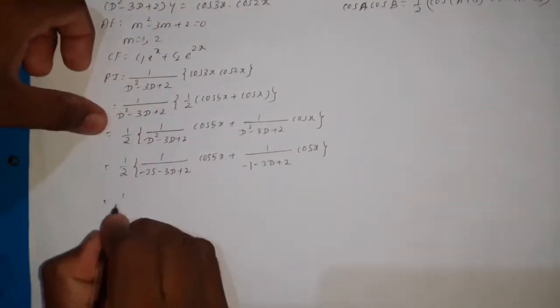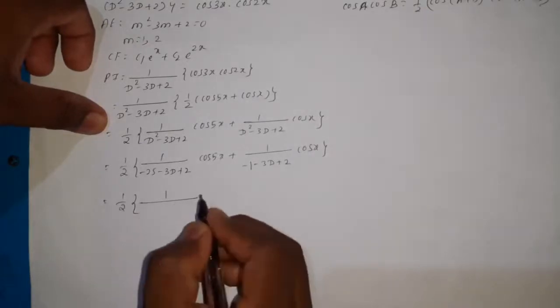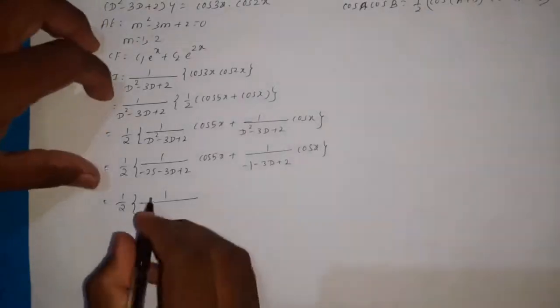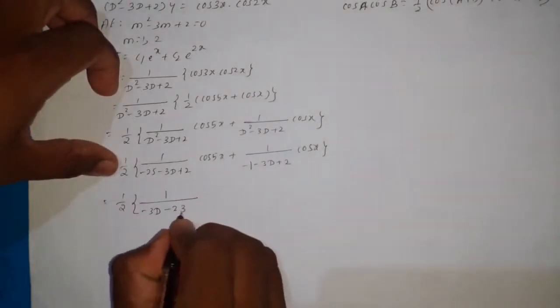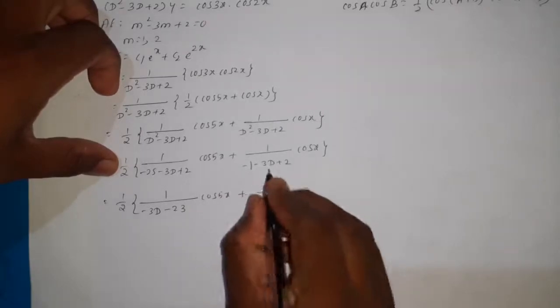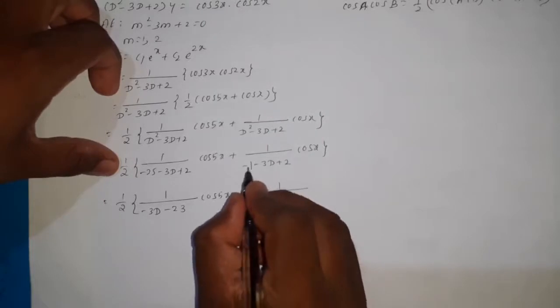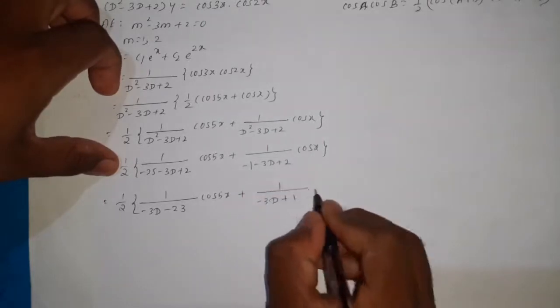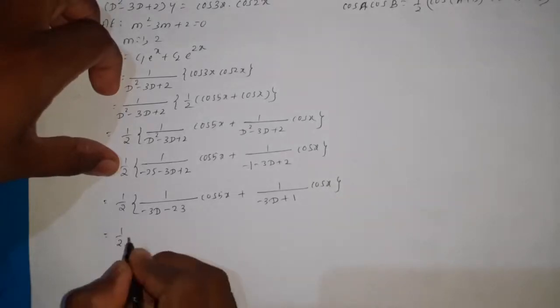So which is equal to 1 by 2. 1 divided by, so here minus 3d minus 25 plus 2, that is minus 23 cos 5x plus 1 divided by minus 3d. So here minus 1 plus 2, that becomes plus 1 cos x, 1 by 2.